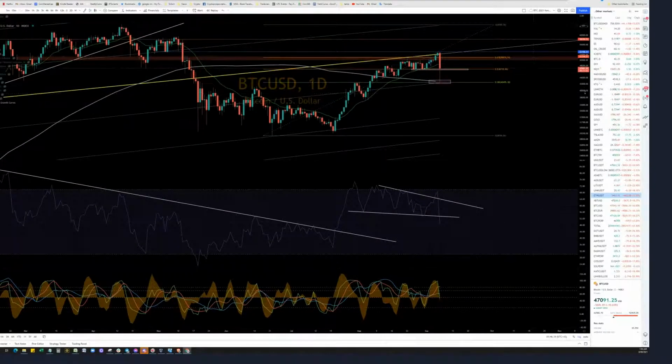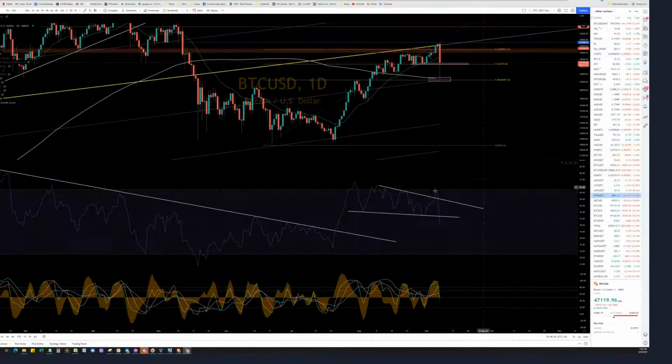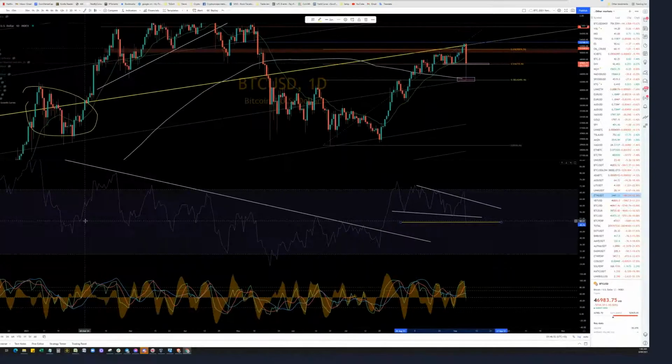And we've seen, from this perspective, so this is the daily, that's the 50% on the RSI. Whenever we had a drop below the 50% RSI, we immediately had a bounce up in the bull market.